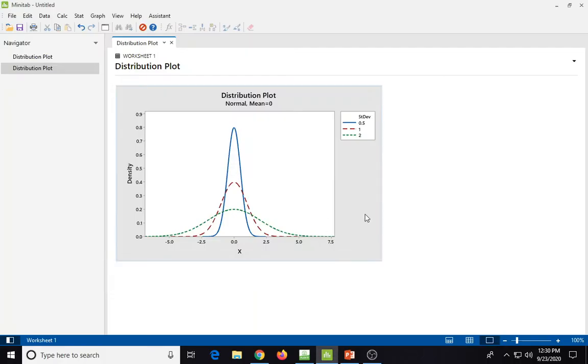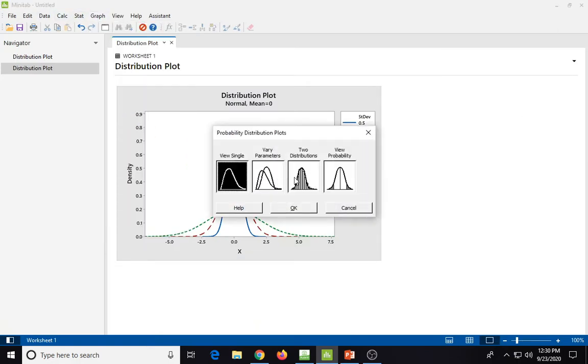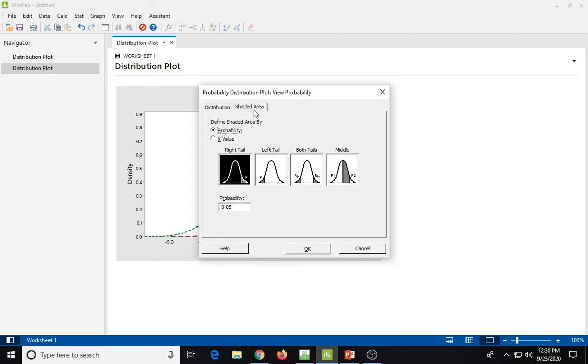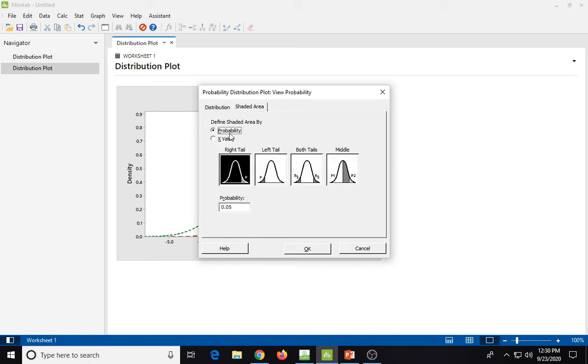And Minitab is not that hard to calculate. Just go to graph, probability distribution plot, view the probability. And we say the normal distribution, put in the mean and standard deviation. Say I want to find the shaded value in the middle.